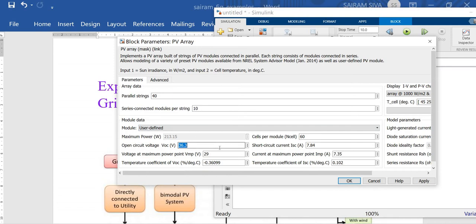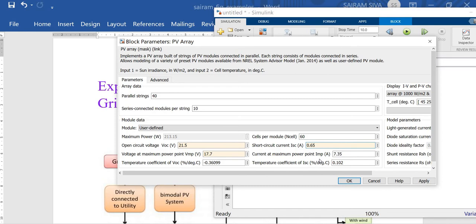The open circuit voltage is 21.5, and the maximum power point voltage, which means the voltage supplied by the PV during maximum power point, is 17.7 volt. Similarly, we take 0.65.